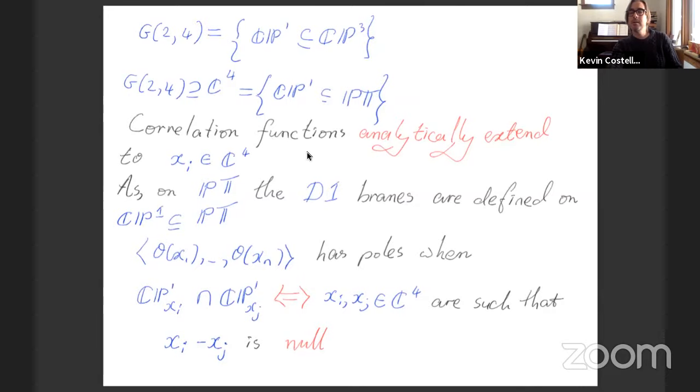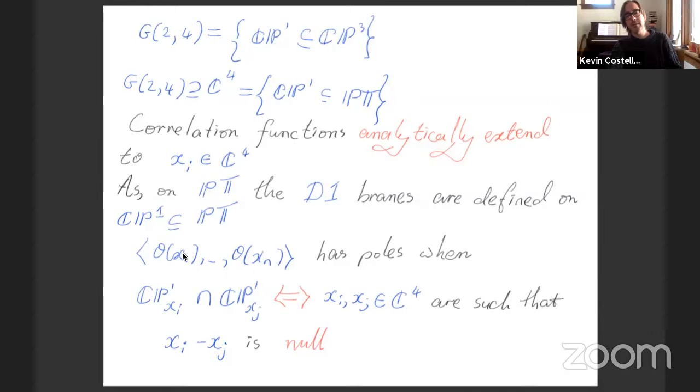But here, because the operator was defined using a copy of CP1 in twistor space, the correlation functions depend holomorphically on the choice of a CP1 in twistor space. The collection of CP1s in twistor space is C4. So we conclude that the correlation functions analytically extend to functions on n copies of C4. That's really surprising. There are no branch cuts or anything like that.